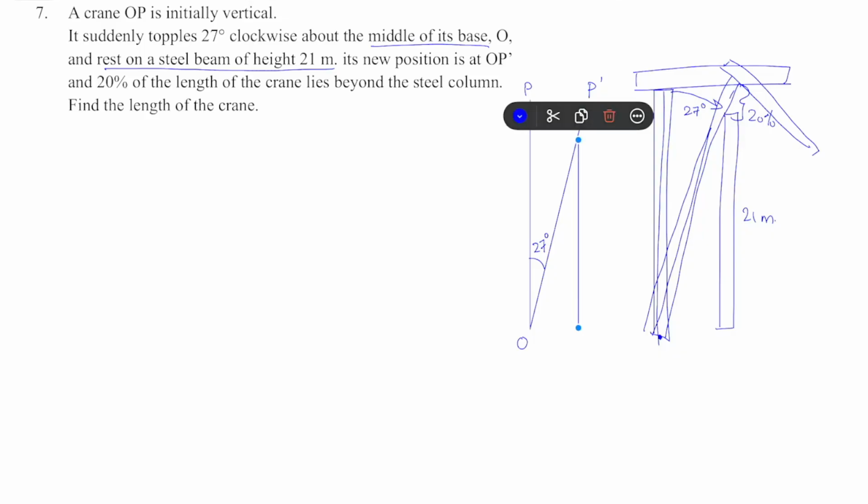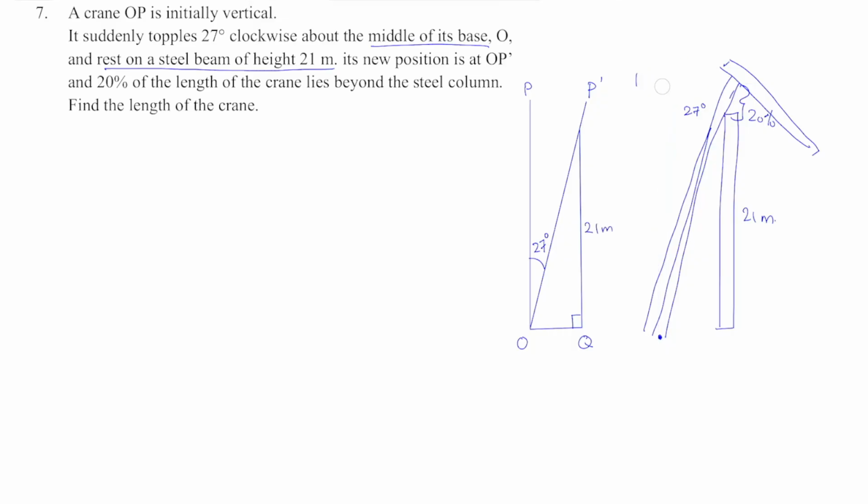I do have to take note of leaving some part of the beam out because this one is 0.2. It is not like this. So let's draw, okay, so we have a triangle over here and this is a right angle and let's call this point Q. Then this part is 21 meters.